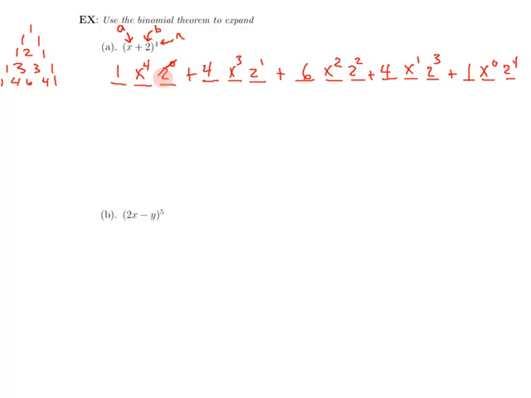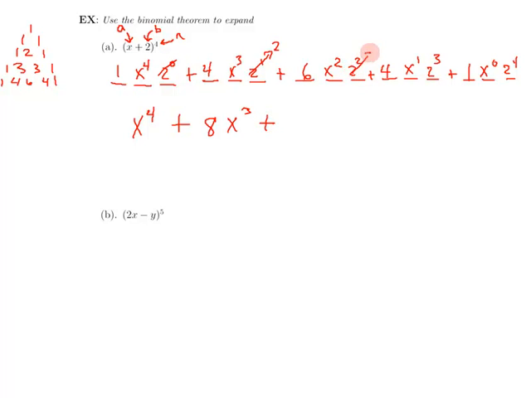Now 2 to the 0 is just 1. So I have 1x to the fourth, so that's x to the fourth for my first term. Alright, I'm going to have a 4, and 2 to the first is 2. So 4 times 2 is 8, and I have an x cubed, plus.